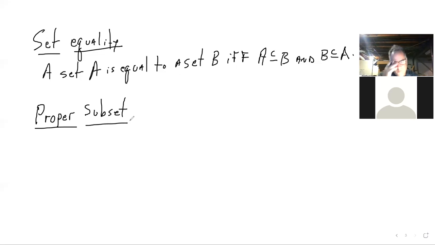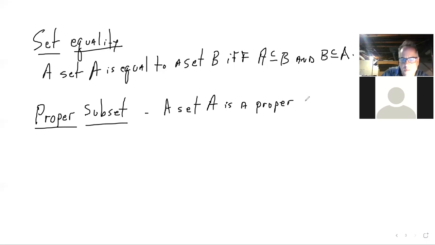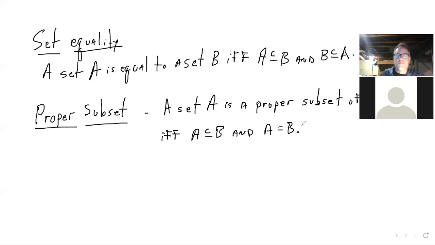All right, so a set A is a proper subset of a set B if and only if A is a subset of B. So all the elements of A are in B, but then we're going to put one extra restriction on it, and A is not B. Or another way to say that, B has something A doesn't have.